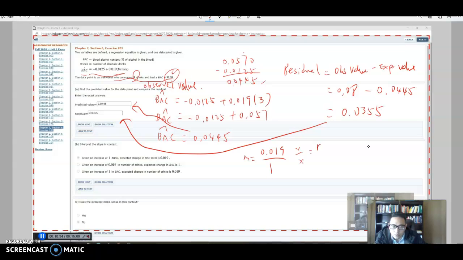Which is rise over run, which is BAC divided by drinks. So for every additional 1 drink that you have, the expected BAC will change by 0.019. So you need to define what's on the top. Usually 1.